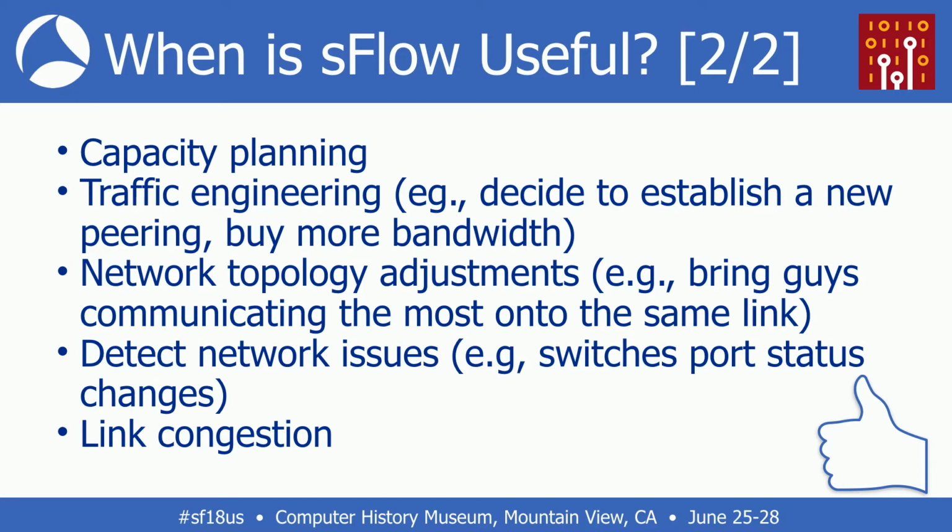So you can immediately know if there are interfaces that are underutilized, or if there are other interfaces that are overutilized. So using sFlow, you can understand how the traffic flows in your network, and you can act and react accordingly. You can decide to establish a new peering on an internet exchange point. You can decide to buy transit from someone.